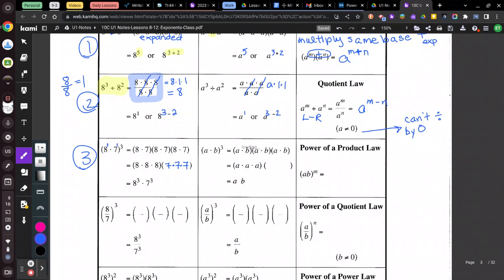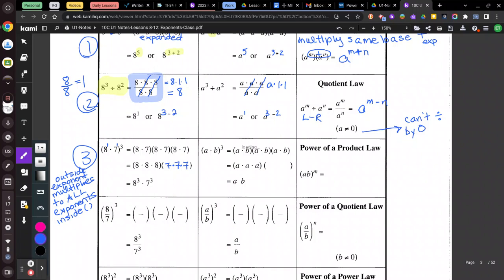It is distributing to those other exponents, which means the outside exponent multiplies to all exponents inside the brackets.